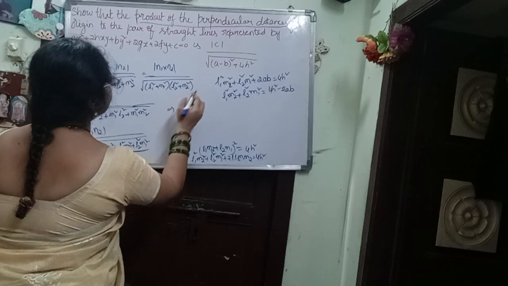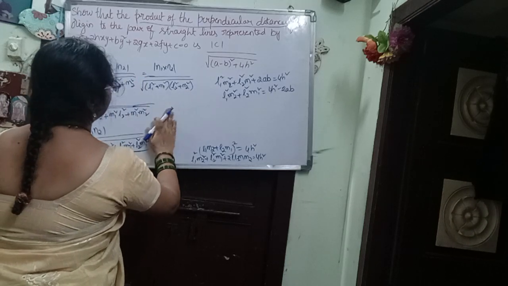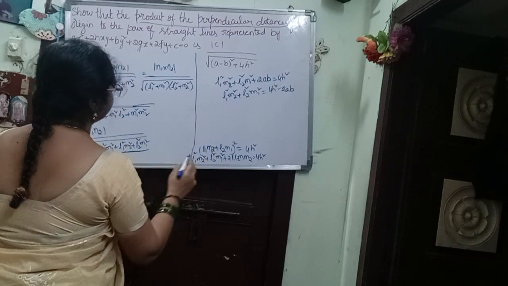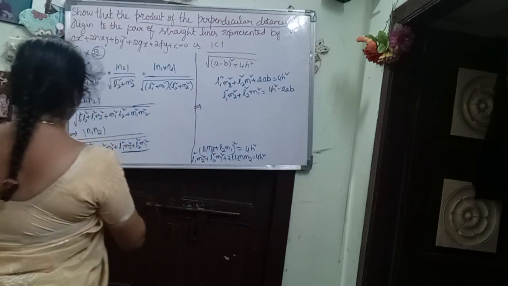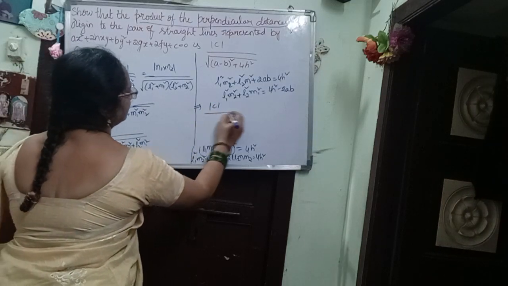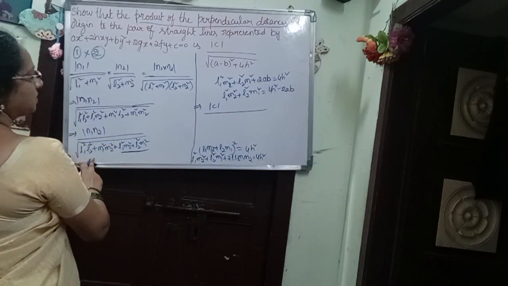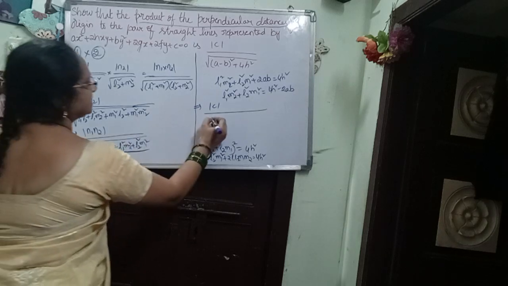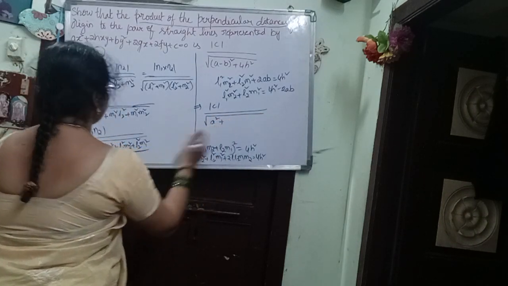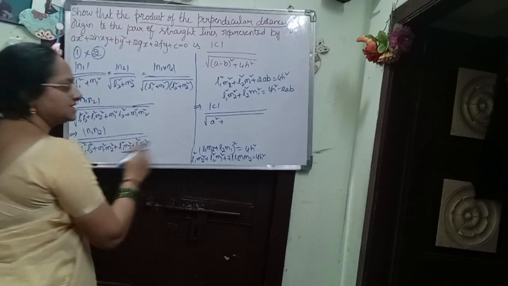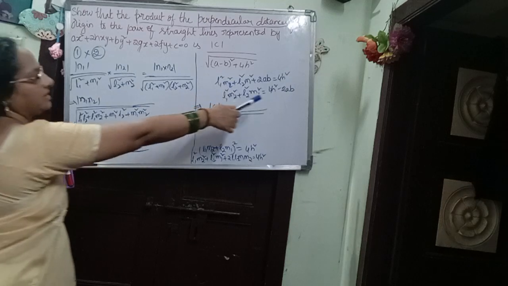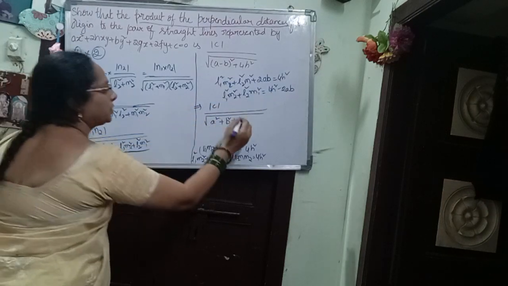So that implies, here what you will get? N1 N2 is nothing but C, L1 square L2 square is A square, M1 square M2 square is B square, plus this, what you get? 4h square minus 2AB.